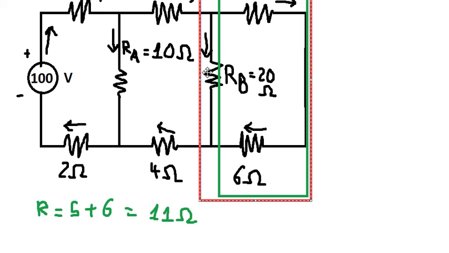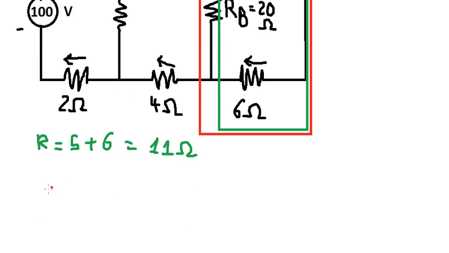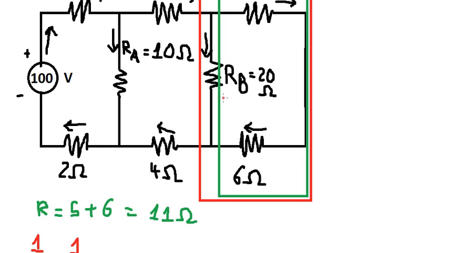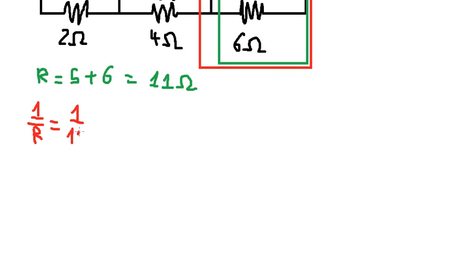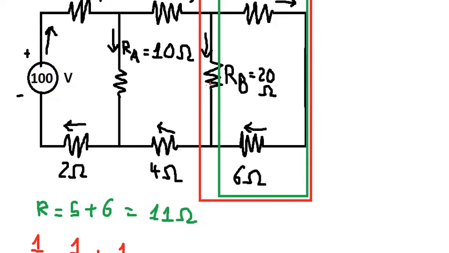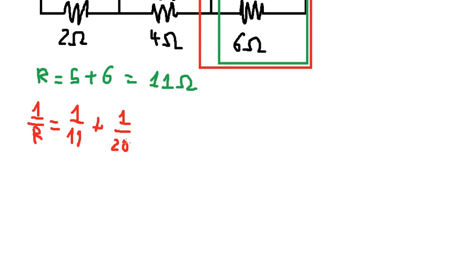So for the red color in here, that should be 1 over R equals 1 over 11. That is the green one is parallel to this one. So that is 11. And we have 1 over 20. And we calculate this one, and we got 31 over 220.